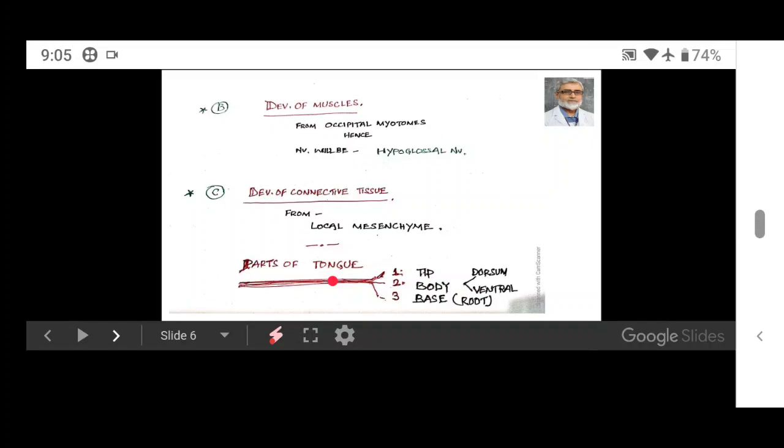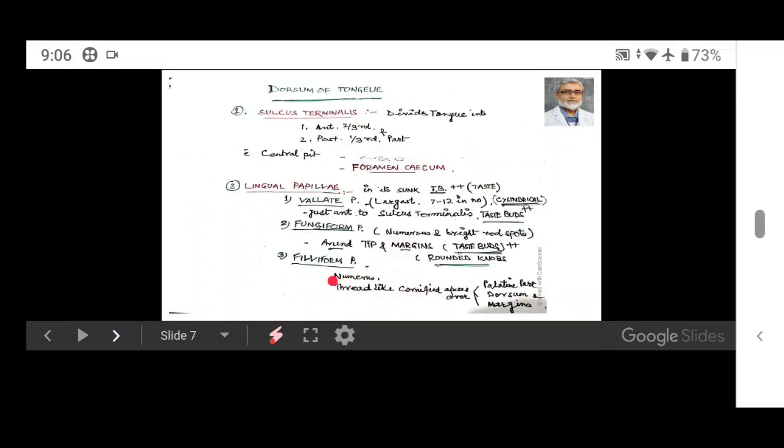We can say the base is the hilum of the tongue, though it does not act as a hilum as in the lung and other viscera, because there every vessel and nerve enters only through the hilum, but here it is not 100% so. So come to the next slide.